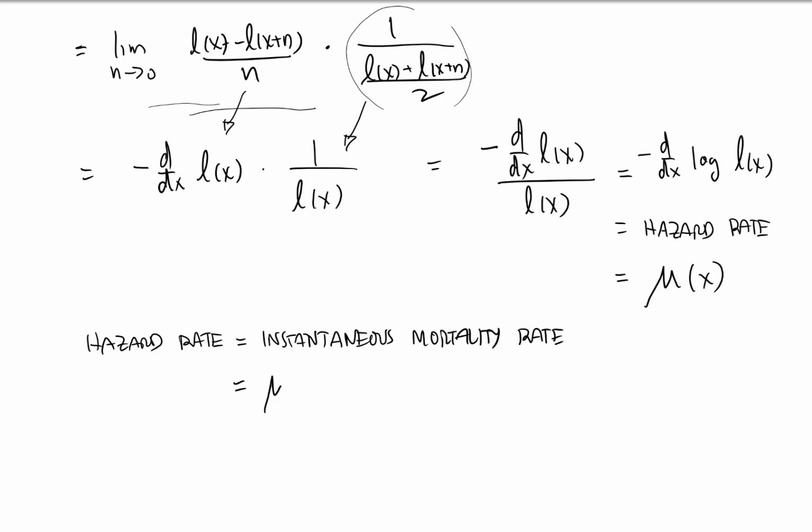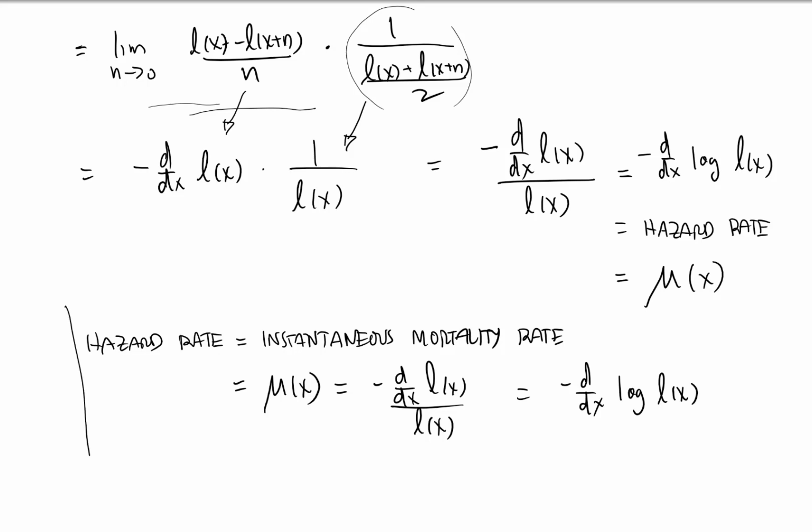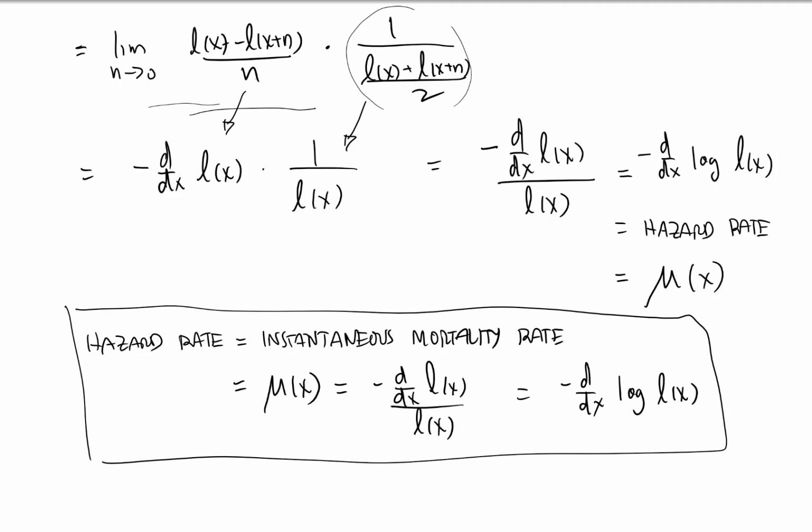And we give it the symbol mu of x, and it is equal to either minus the derivative of l of x divided by l of x, or else it is also minus the derivative of the log of l of x. We have two different ways to express it. They're equivalent.